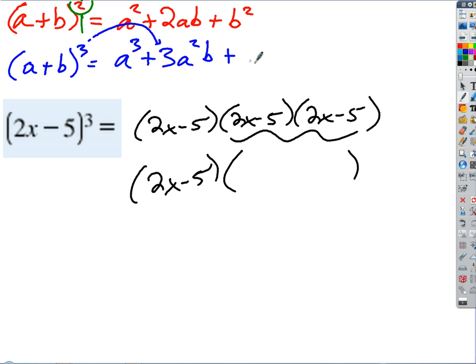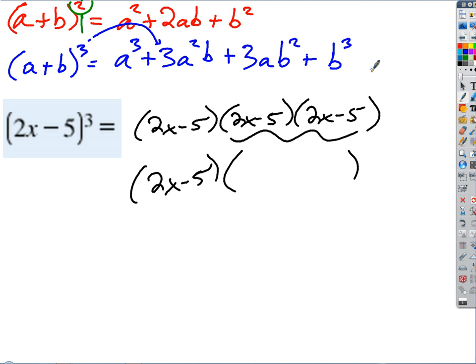Plus, now notice that this is going to have 4 terms. The coefficients have to mirror each other. If it goes 1, 3, then it has to go 3, 1. It has to be the same pattern. So it's going to be 3, A goes down to 1, B goes up to 2, plus 1. Right, there's my 1. A goes down to 0, B goes up to 3, just like that.